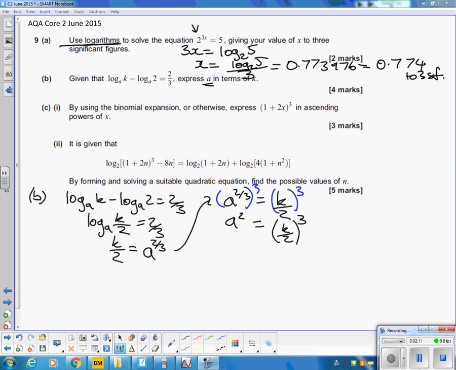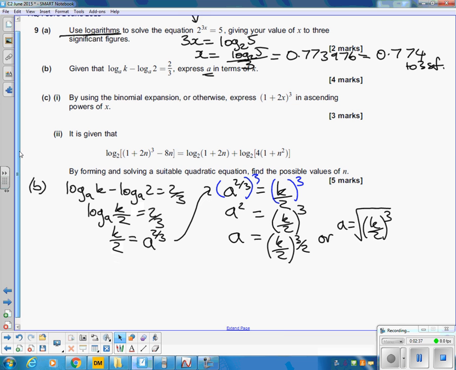You've got a squared, so you can write the inverse of that as dividing by 2 as a power, so a half, so 3 times a half is 3 over 2. Or you could think, okay, so that's k over 2 cubed, and the opposite of squared is square root. Either of those would be fine.